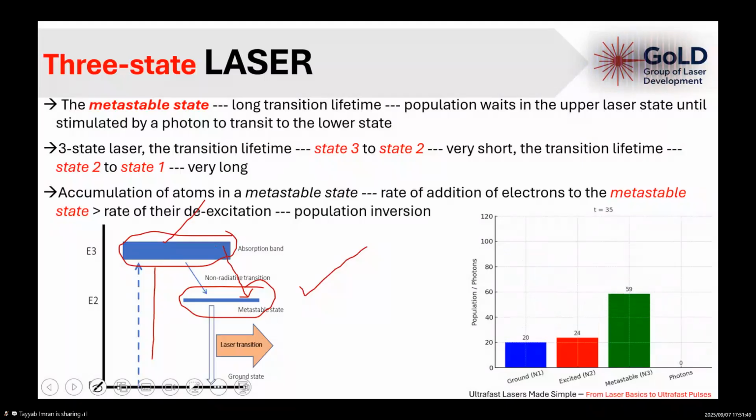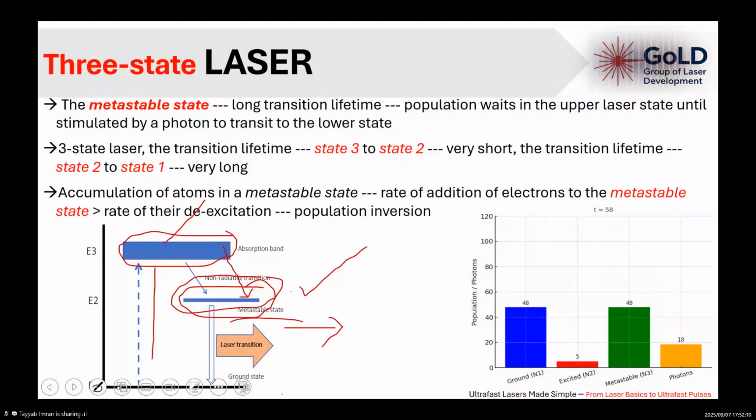In this way, the metastable level becomes highly populated as compared to the ground. Then when the electrons accumulate here, they move down to the ground and emit photons, which is the laser action, in phase and coherent.